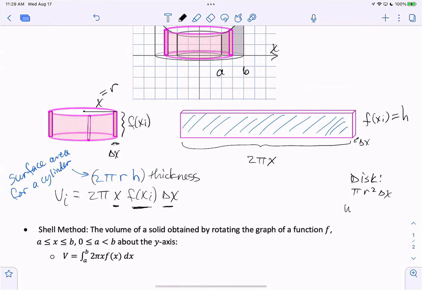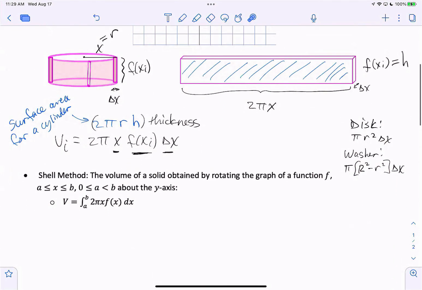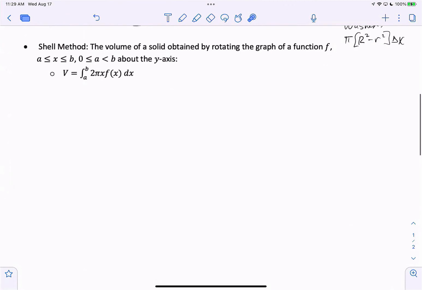Or for the washer method, we were based on pi, say, outer r squared minus inner r squared times delta x. Those are based on the area of a circle, or subtracting the areas of one circle from another circle. Here we're looking at the surface area for a cylinder. And as we set these up, you're going to hear me say over and over, 2 pi RH.